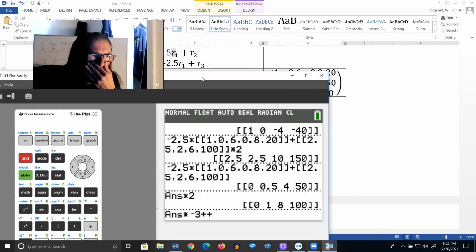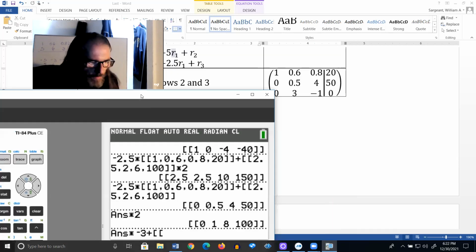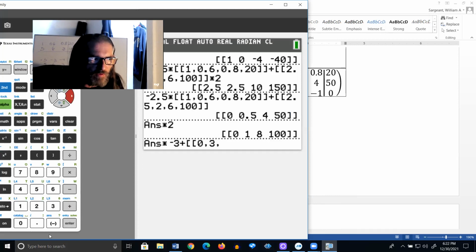Gotta make it where you can see both, but it's not working all that well for me. So double square bracket. All right, now I can move it for a little bit. 0, 3, 0, 3, and a -1, comma 0.